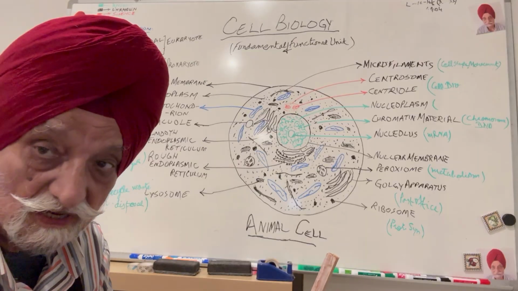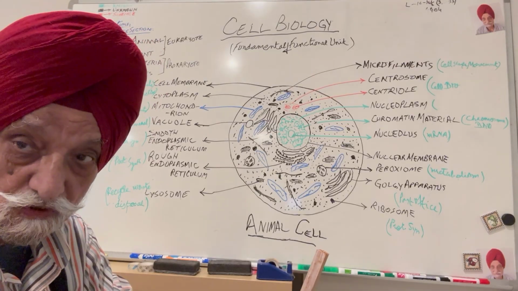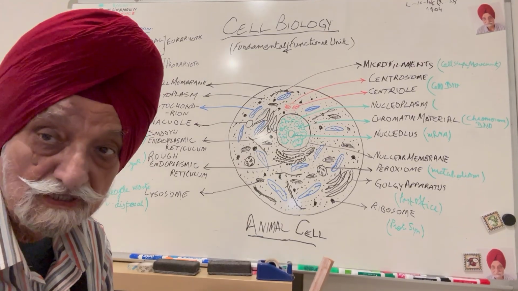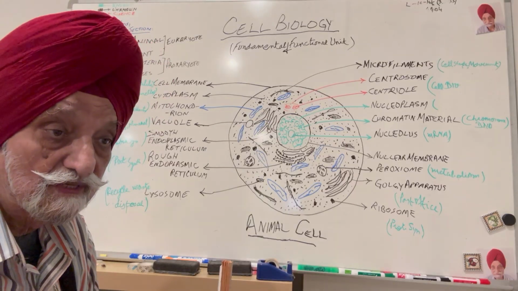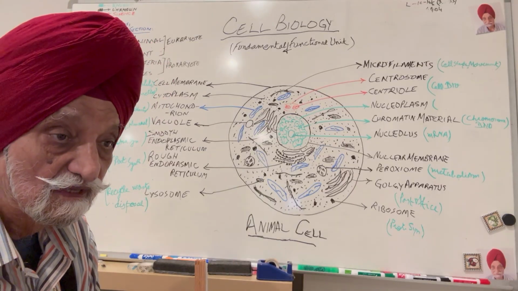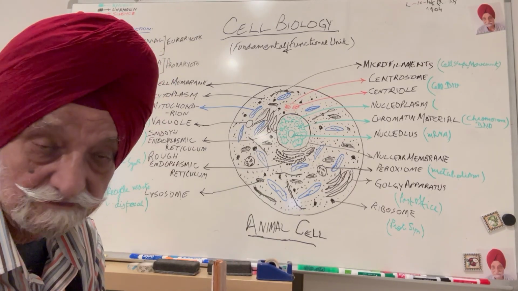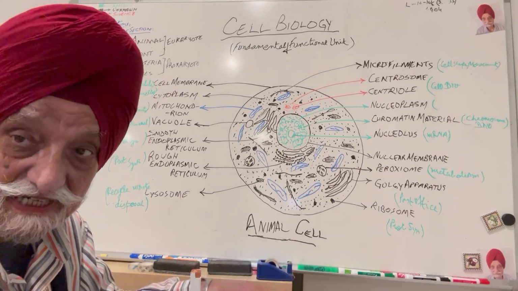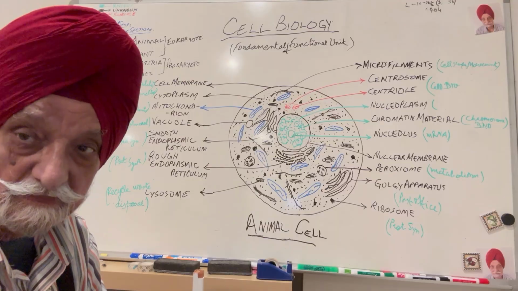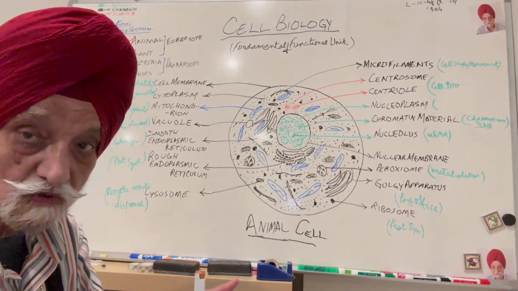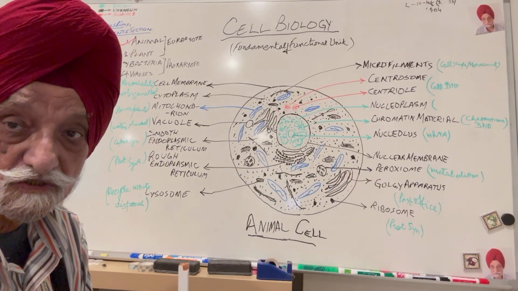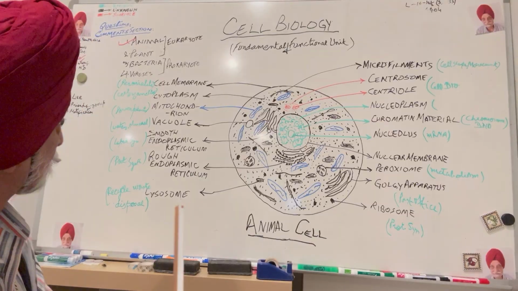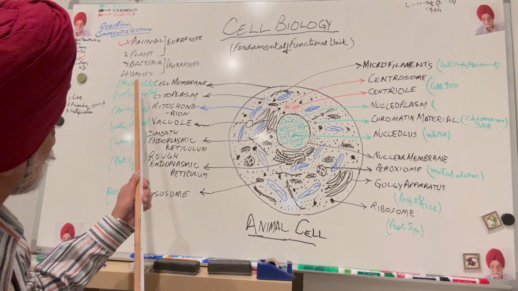And it will also let things go out, for example, the waste products, carbon dioxide, and other products. So the cell membrane is selectively permeable. It permits certain things to go out and other things to come in. So its function is permeable.